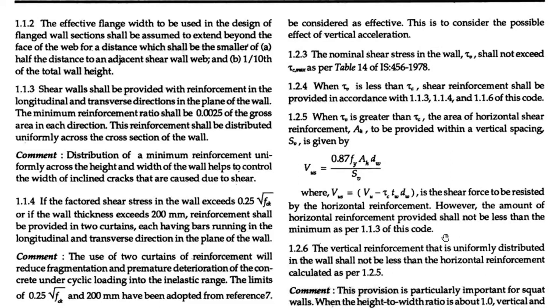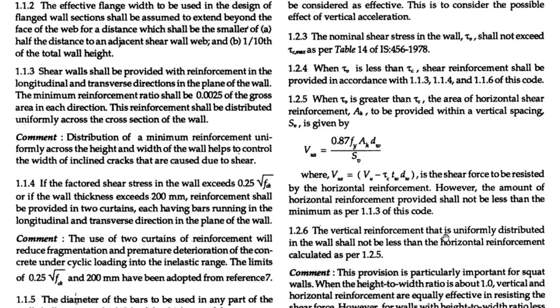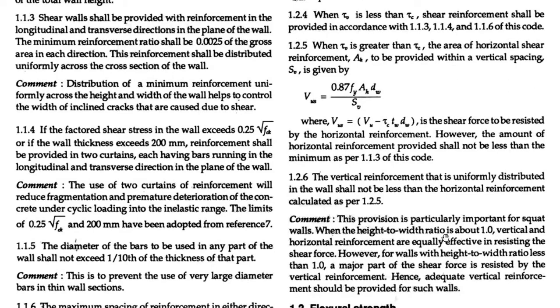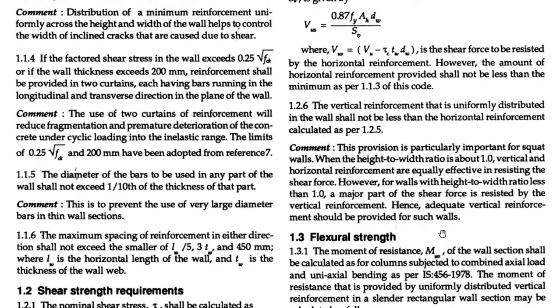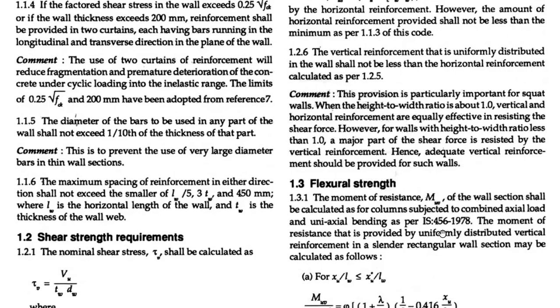However, the amount of horizontal reinforcement provided shall not be less than the minimum as per 1.1.3. The vertical reinforcement that is uniformly distributed in the wall shall not be less than the horizontal reinforcement calculated as per 1.2.5. And that's all about the shear strength requirements.